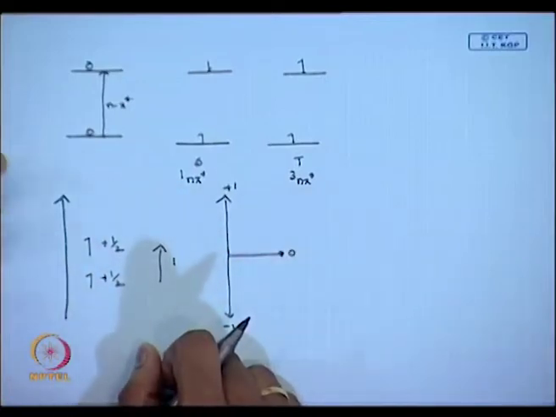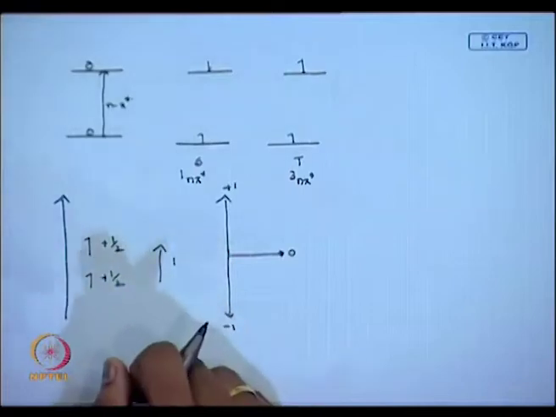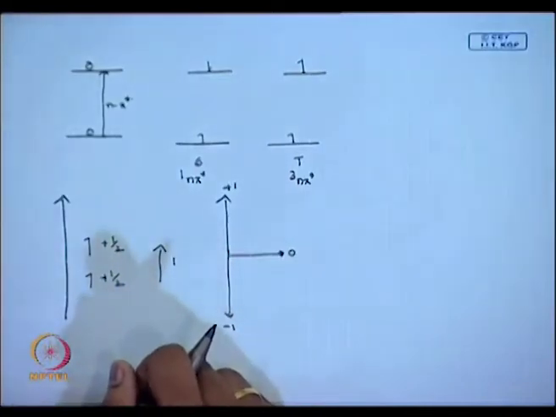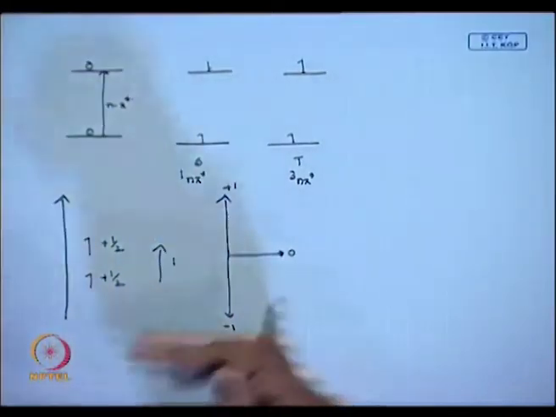Up to this it's clear. So, we have now introduced the concept of spin into this, and we are saying singlet and triplet. Now, I am going to introduce one more concept here, which is energy. First I introduced the concept of spin, now I am going to introduce the concept of energy.